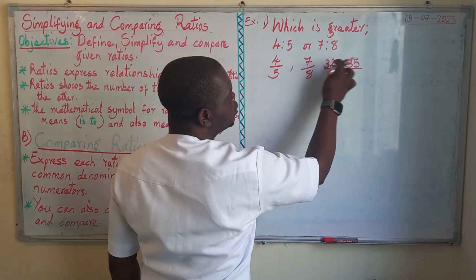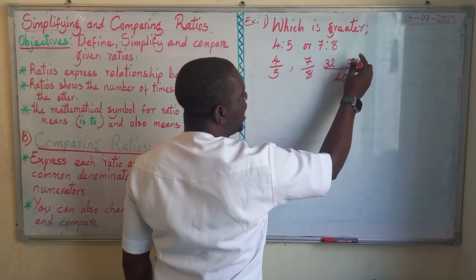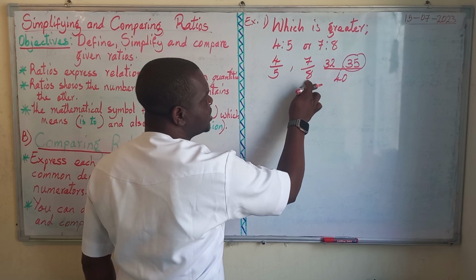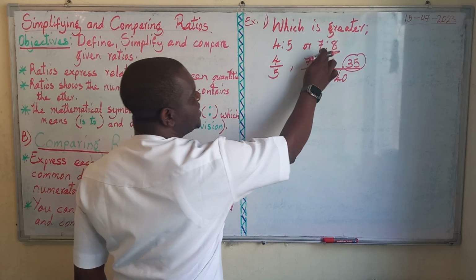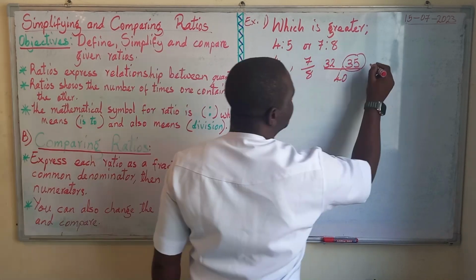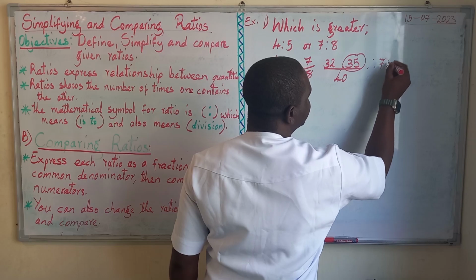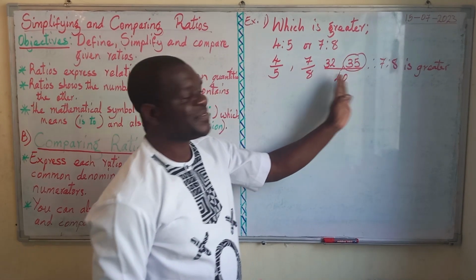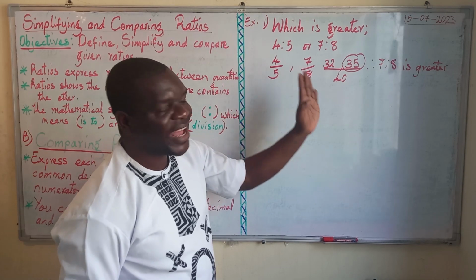If you compare these two numbers, you realize that 35 is greater, and 35 here represents this fraction, and this fraction represents this ratio, 7:8. Therefore, 7:8 is greater.